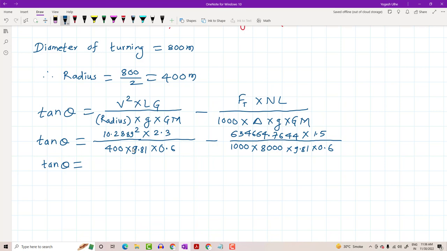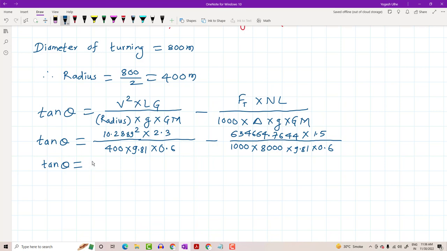Don't sit idle, guys. 10.2889 square into 2.3 divided by 400 multiplied by 9.81 multiplied by 0.6, minus 634,664.7644 multiplied by 1.5 divided by 1000 multiplied by 8000 into 9.81 into 0.6.